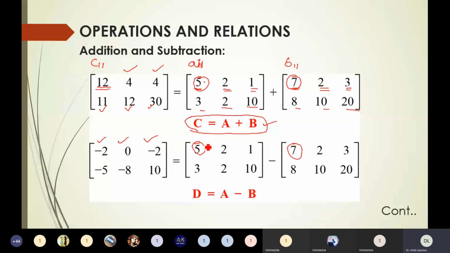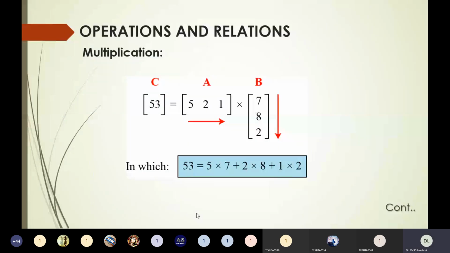Here 3 minus 8, that is minus 5. 2 minus 10, minus 8. 10 minus 20, that is minus 10. So this is the subtraction operation. Next, we will move to multiplication.